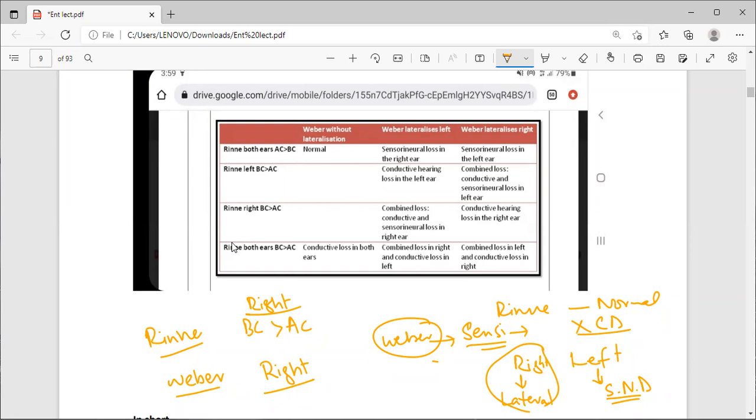Now if the Rinne test showed conductive deafness in the right ear, we would say that we have confirmed the right ear is suffering from conductive hearing loss. But as we already did the Rinne test, which was normal with no conductive deafness, we do the Weber test to exclude any sensory neural hearing loss.